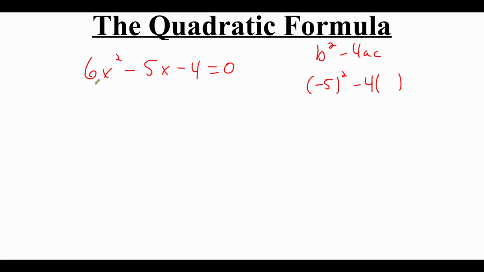So let's look at an example. Let's say we had 6x squared minus 5x minus 4 equals 0. We're going to use the quadratic formula, but before we get to it, we're going to check the discriminant, b squared minus 4ac. My b value is negative 5, so I'm going to take negative 5 and square it, minus 4 times the a value, 6, and the c value, negative 4.